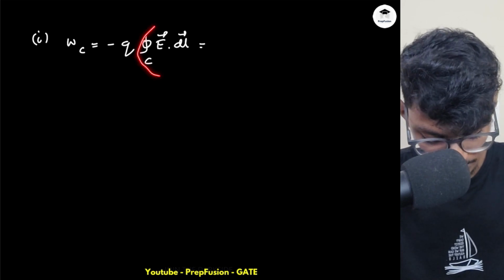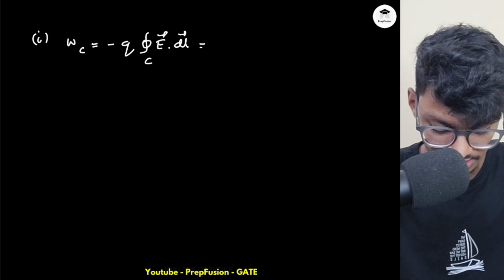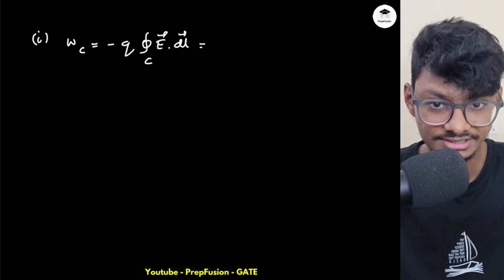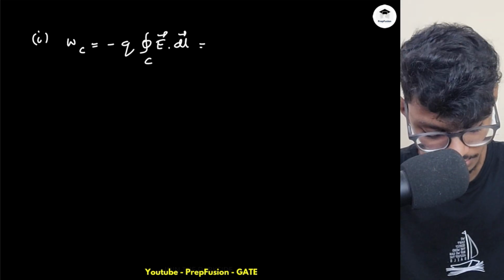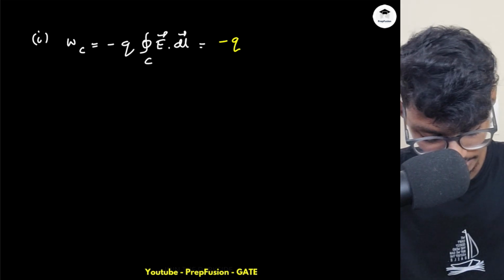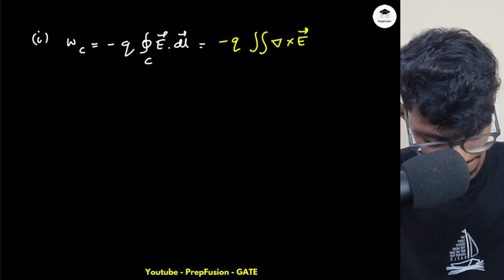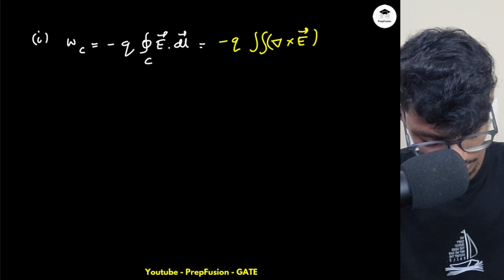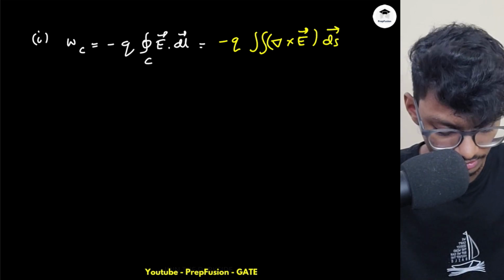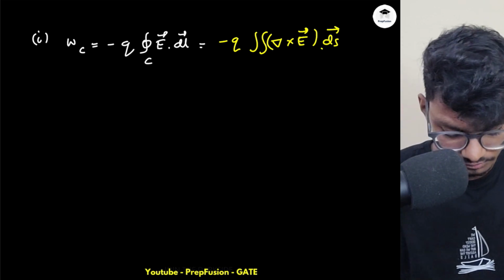Now I know something about this. This is something similar. If you recall, it is the Stokes theorem. So this I can further write as double integration of del cross E dot ds vector.